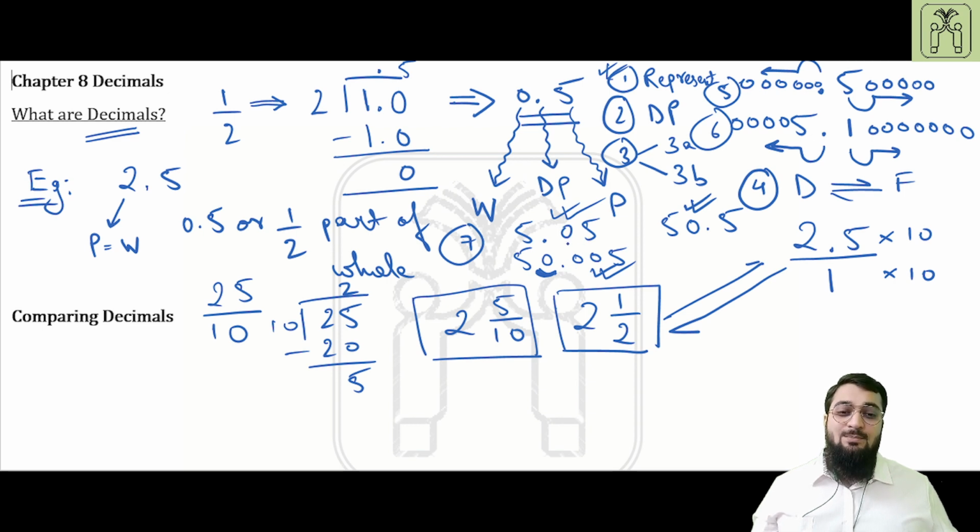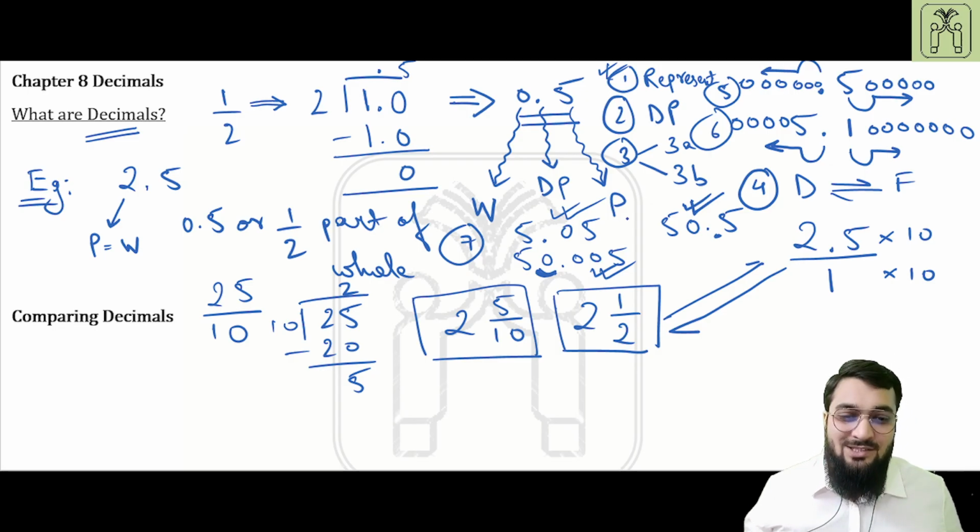However, the zeros on the right side of the decimal point between the decimal point and the non-zero number decrease the value. How can you understand that? Here there are no zeros, and here there are two zeros. That is why the lesser number of zeros on the right side will increase the value, and the greater number of zeros on the left side of the decimal point will increase the value.